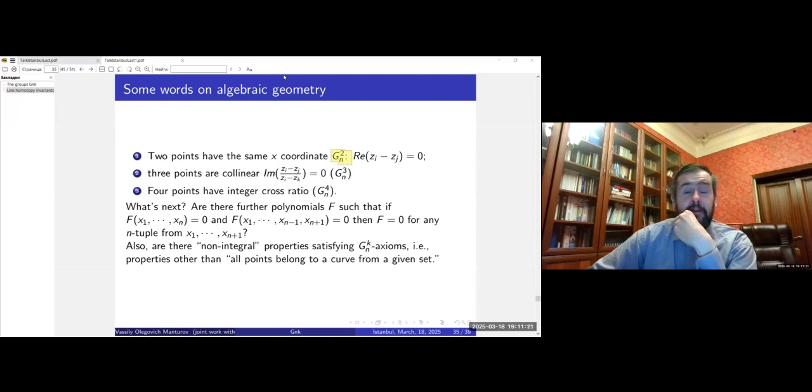Then for three points, if they are collinear, this means that the ratio of the two differences is real. And if four points are on the same line or on the same circle, then their cross ratio is real.